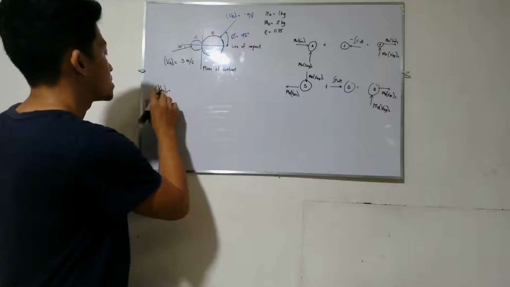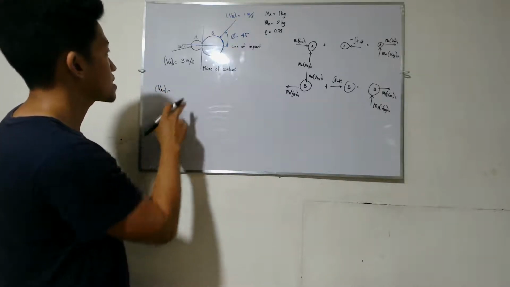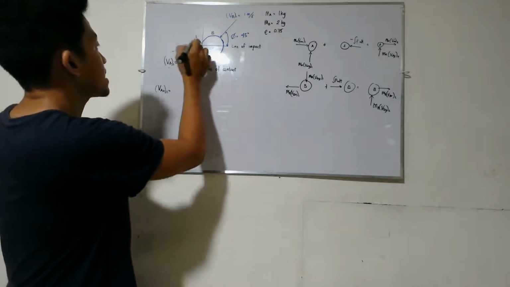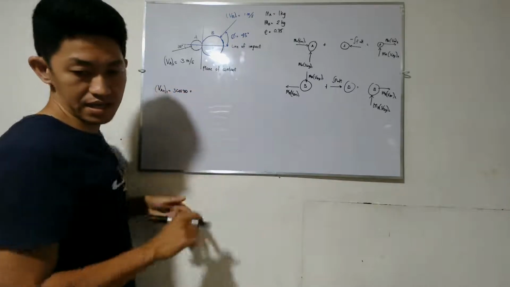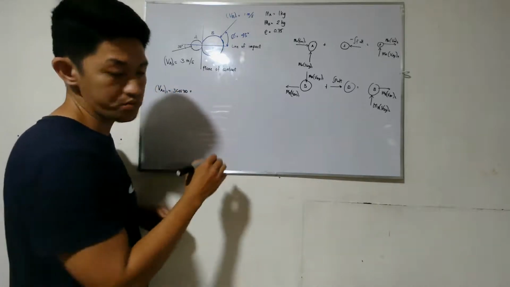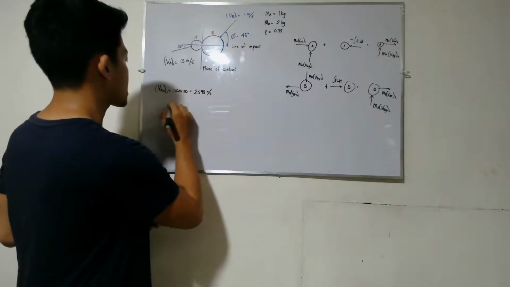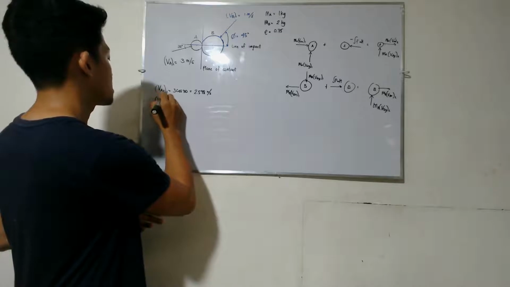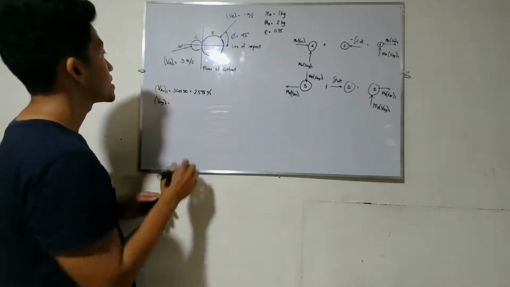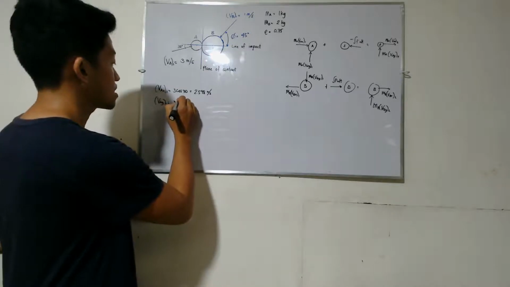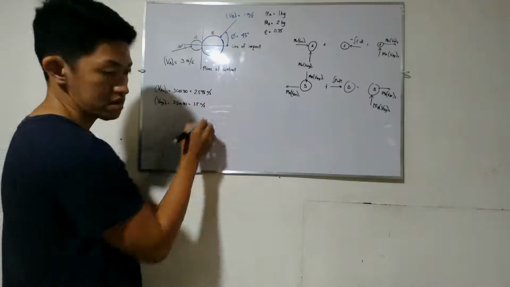Okay, so velocity AX1 is 3 cosine 30, which is 2.598 meters per second. Velocity AY1 is 3 sine 30 or 1.5 meters per second.